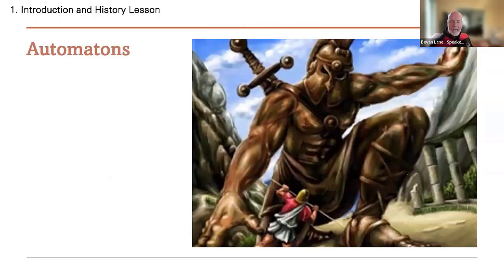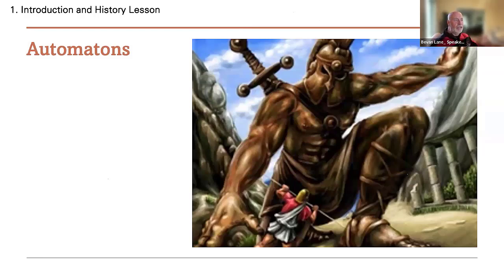So the first idea of a creature type of thing, where the ancient philosophers created something which could take on human characteristics, was called automatons, and they were done through Greek philosophy. One of the most famous is something you might recognize from similar names when you look at things like the Avengers, where creatures were taken and made into these automatons.